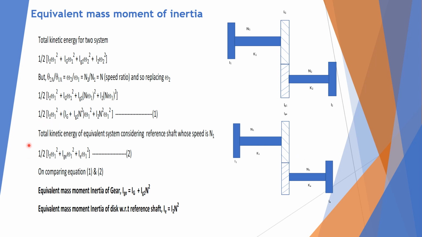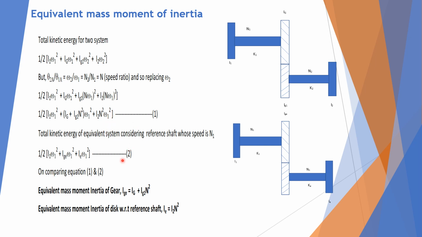Now the kinetic energy of the equivalent system, considering speed n1, or omega 1, we can write half of [I1 omega 1 square plus IgE omega 1 square plus IE omega 1 square], which is equation 2.